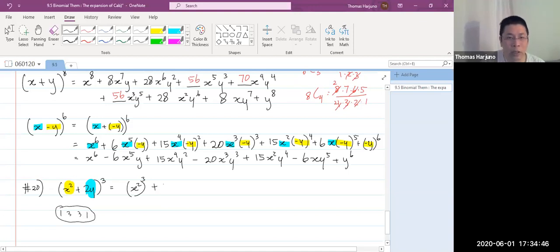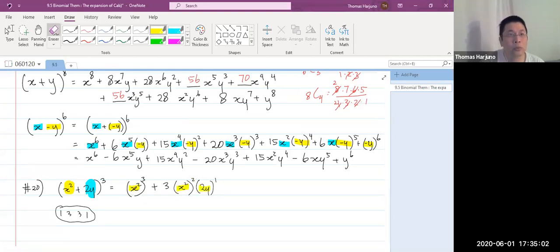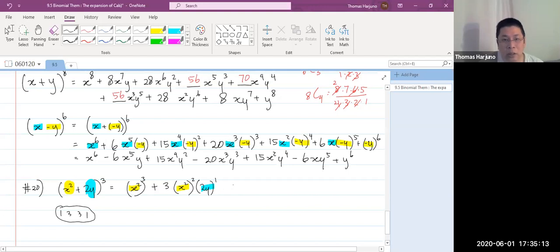So this will be 3x squared times 2y to the 1. You see? A cubed, a squared b, and then plus 3a to the 1 b squared plus b cubed.